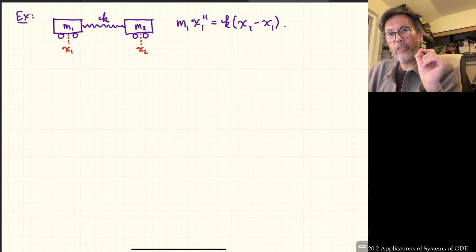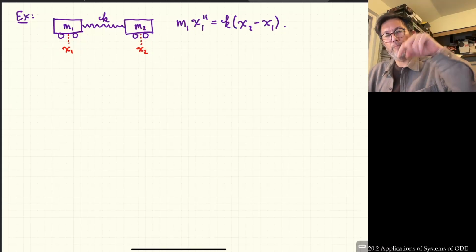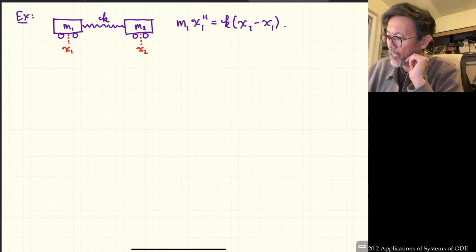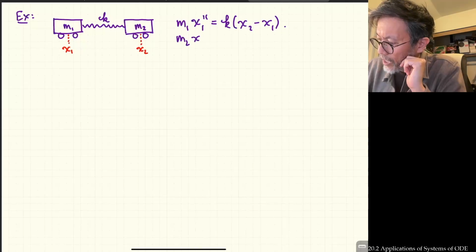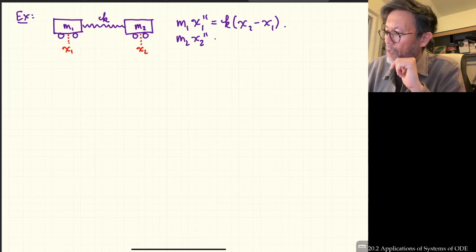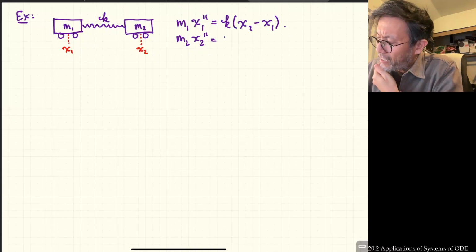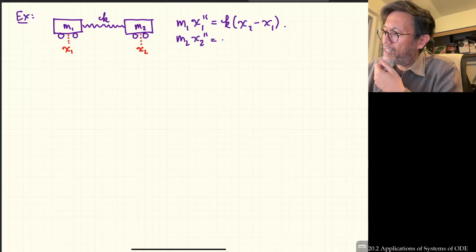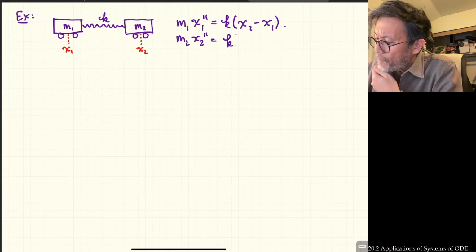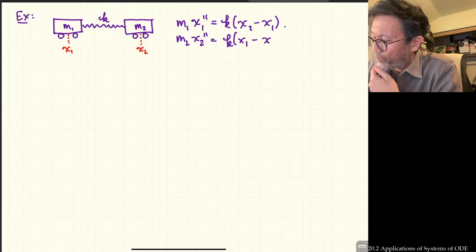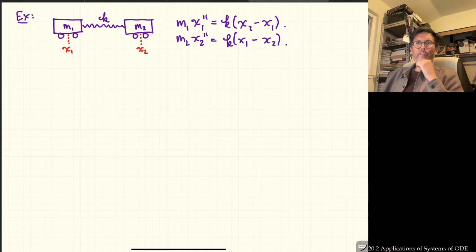And similarly, thinking about the second cart here, we're going to have m2 times x2 double prime is equal to k times (x1 minus x2). Yes, that's right.